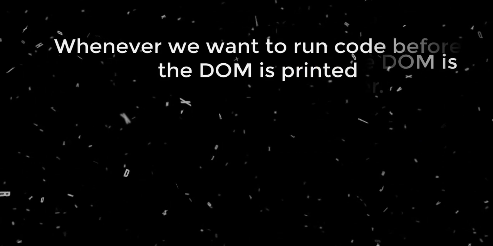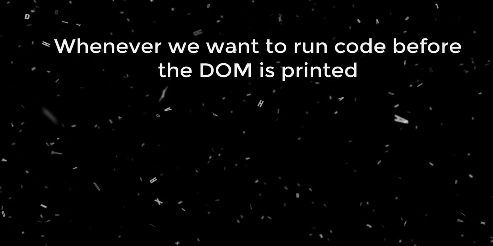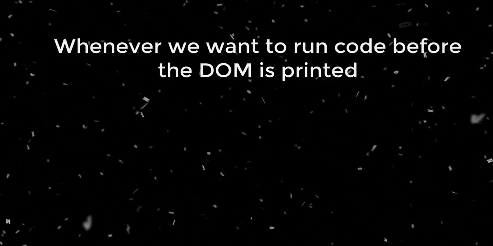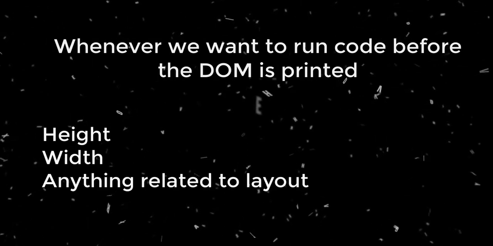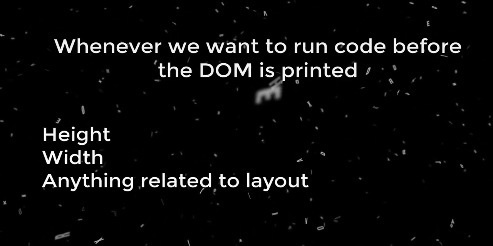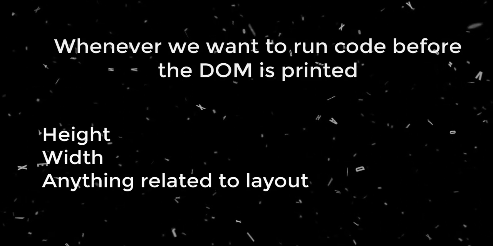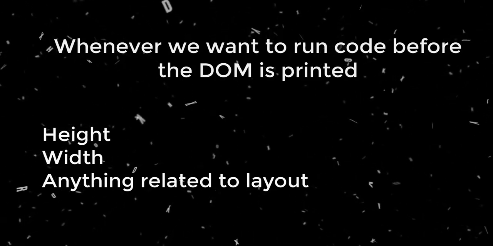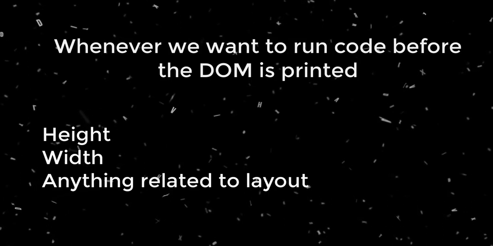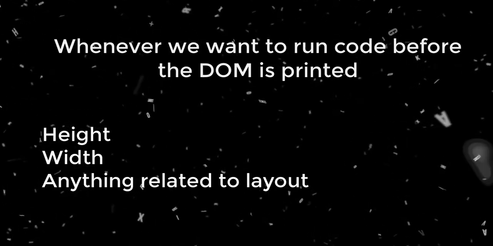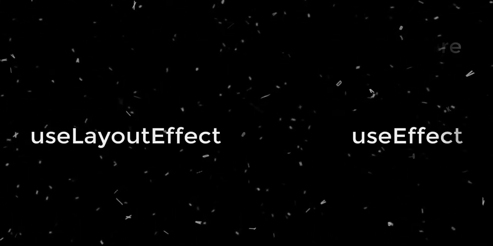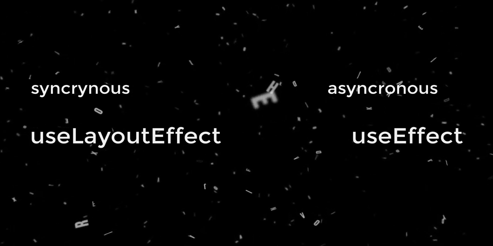For example, whenever we want to run a piece of code before the DOM is printed, like height, width, anything related to the layout, for that purpose we use the useLayoutEffect hook. That is the reason the name of this hook is useLayoutEffect. And the second difference is that the useLayoutEffect hook is synchronous, but the useEffect is asynchronous.